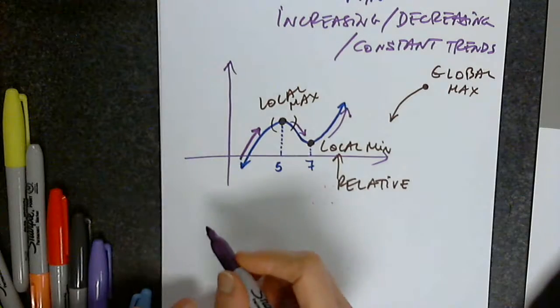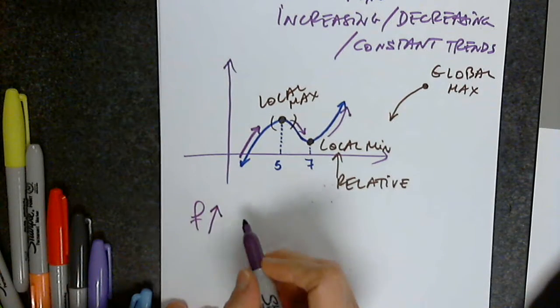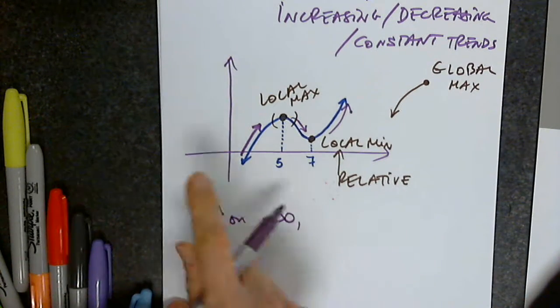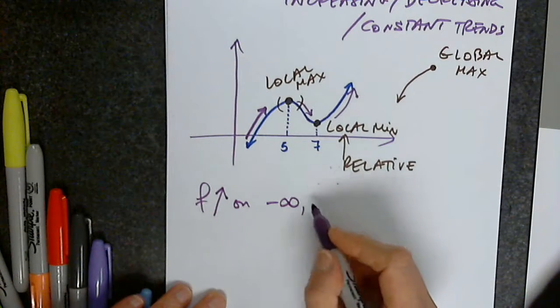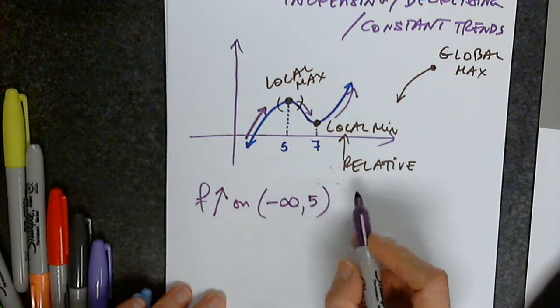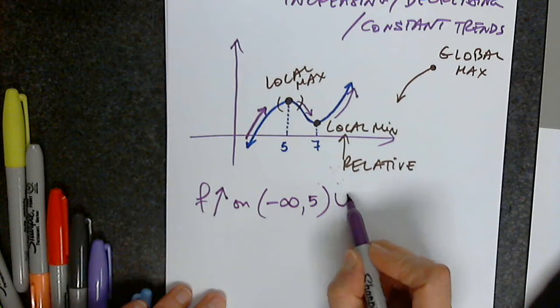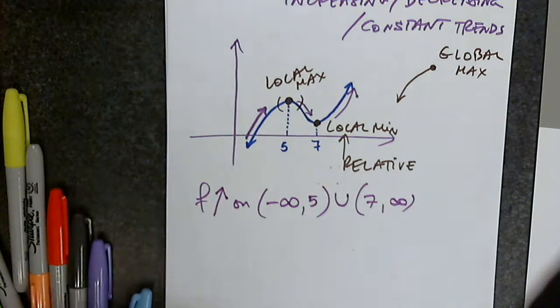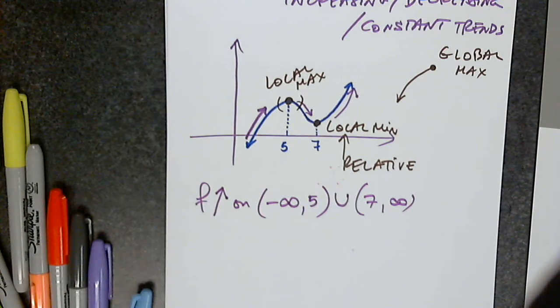So I will say here, f increasing on negative infinity to 5, always parentheses, union 7 to infinity. I'm not specifying from which value to which value.